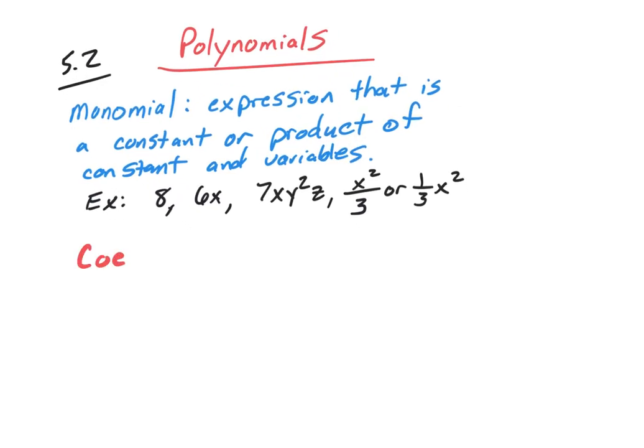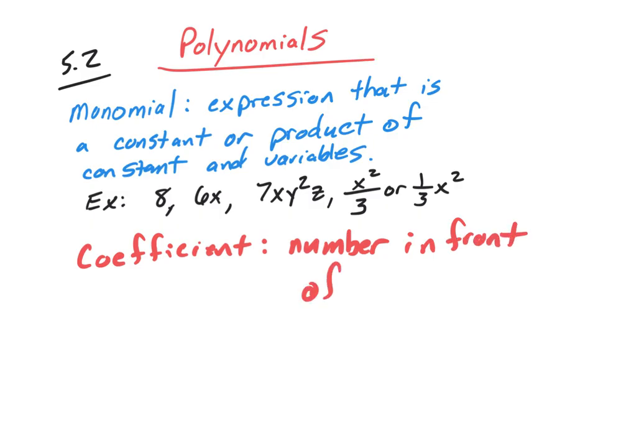Okay, another vocab word. We've seen this one throughout the years. Coefficient is the number in front of a monomial.